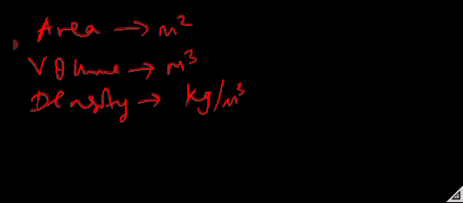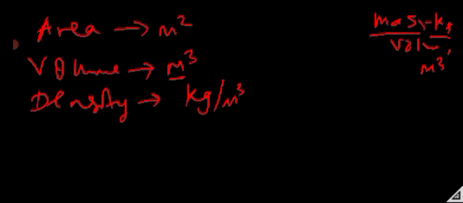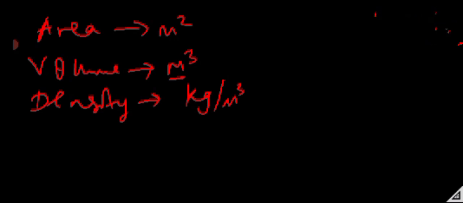The formula for density is mass over volume. Mass is kg, and volume is meter cube. So it becomes kg over meter cube.